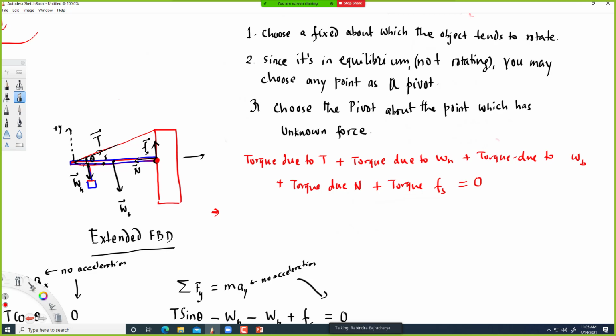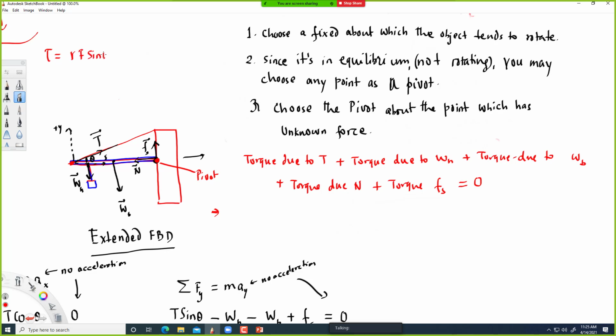The formula for torque is the distance between the point of application of the force and the pivot. This is our pivot, and here we are applying the tension, so we need to consider this distance, which is the length of the rod.